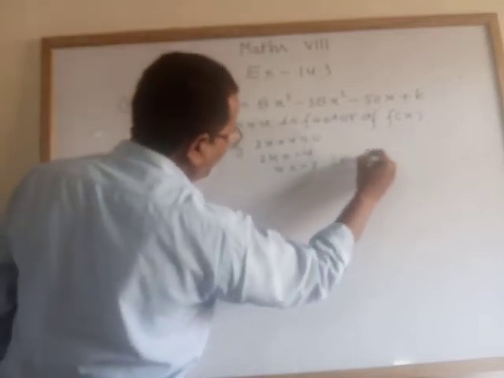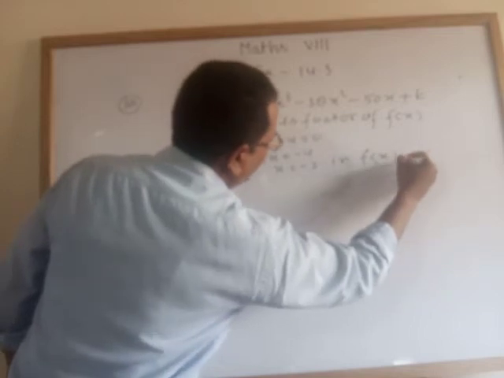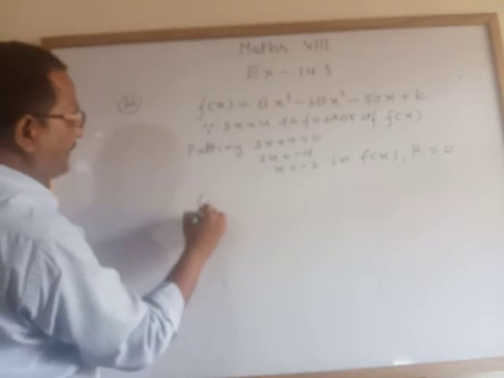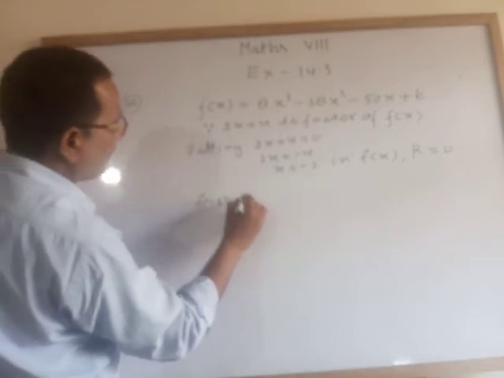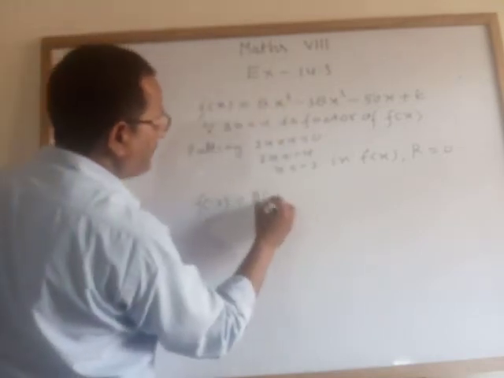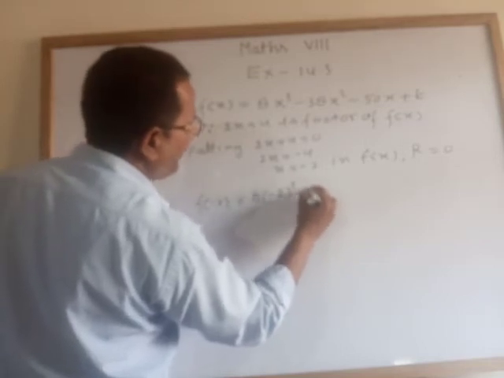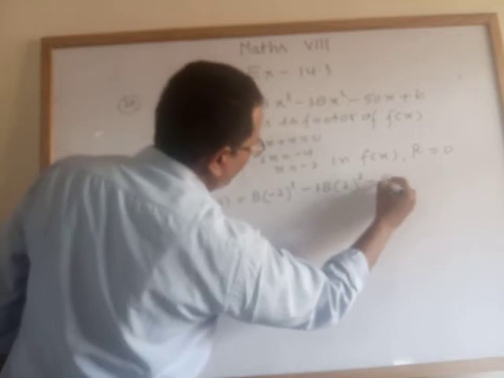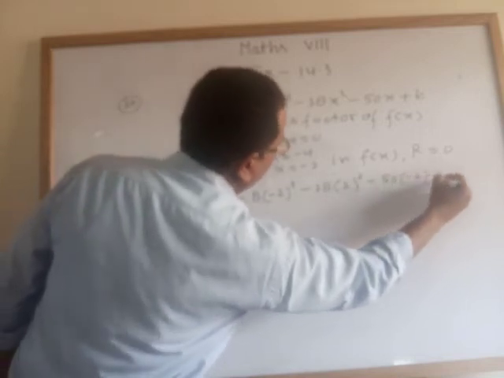In f(x) the remainder will be 0. Now I am going to put f(minus 2) in this: 8 into minus 2 cube minus 38 into 2 square minus 50 into minus 2 plus k.